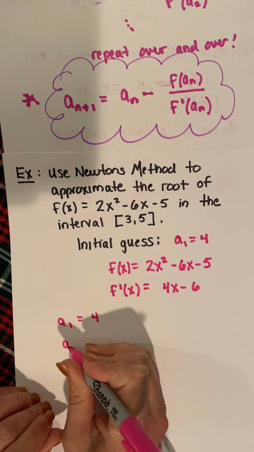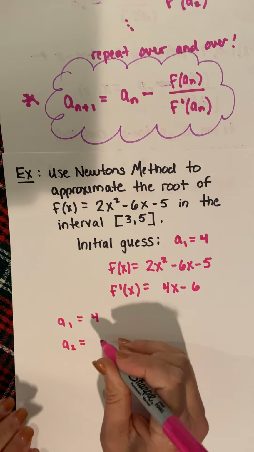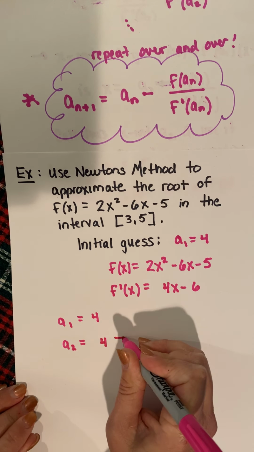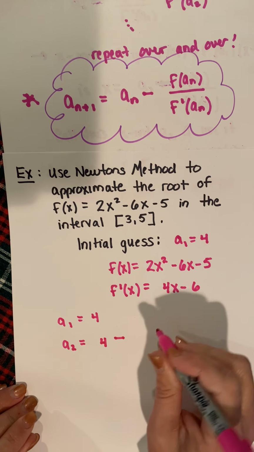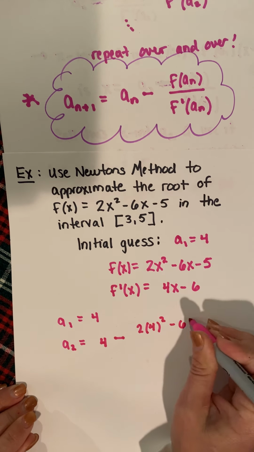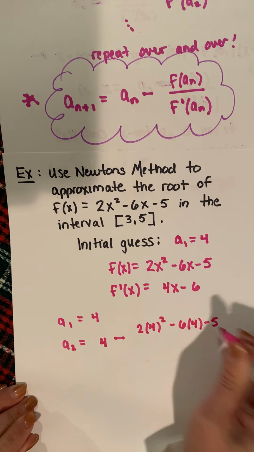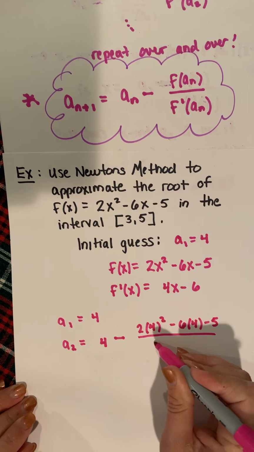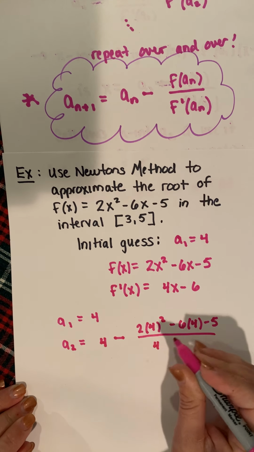My second approximation is going to be my first approximation minus the function evaluated at the first approximation all over the derivative at the first approximation.